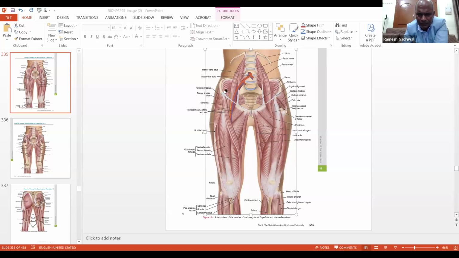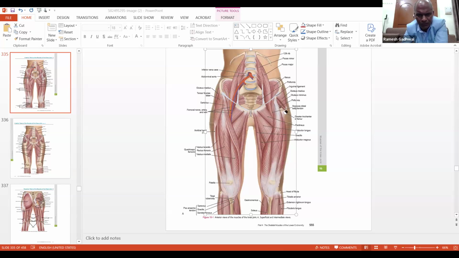Then this muscle, sartorius, starts from the iliac spine and comes to the tibia bone. So these muscles are two-joint muscles.